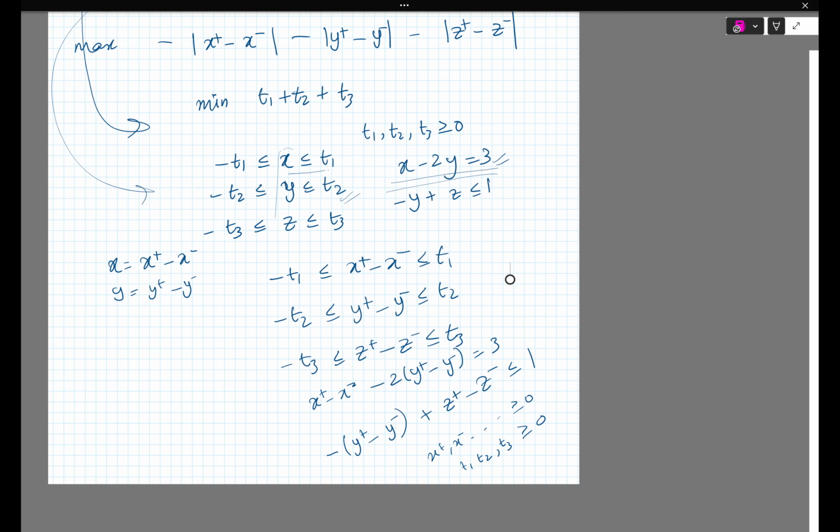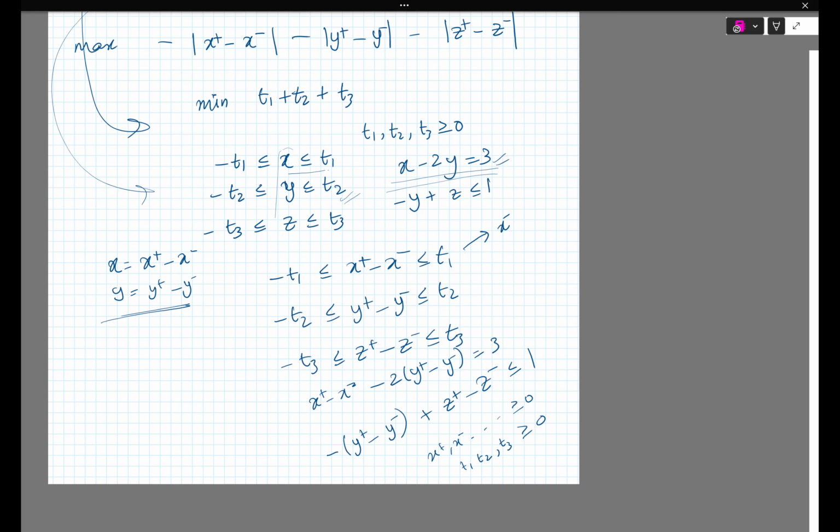Okay, now in the above three it will be x minus equal to 0. Do you mean the first one, minus t1 less than or equal to x plus minus x minus less than or equal to t1? Yes, this one. What value will it take? I am saying that this will be mod x plus minus x minus less than or equal to 0, right?